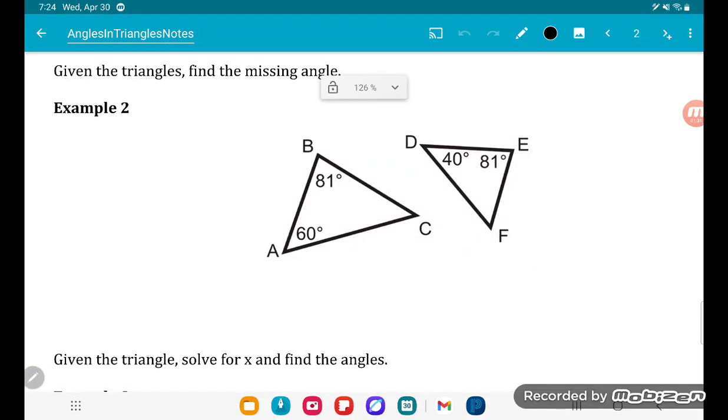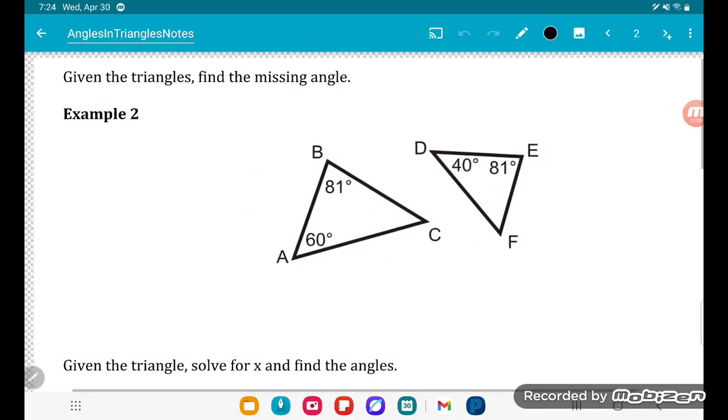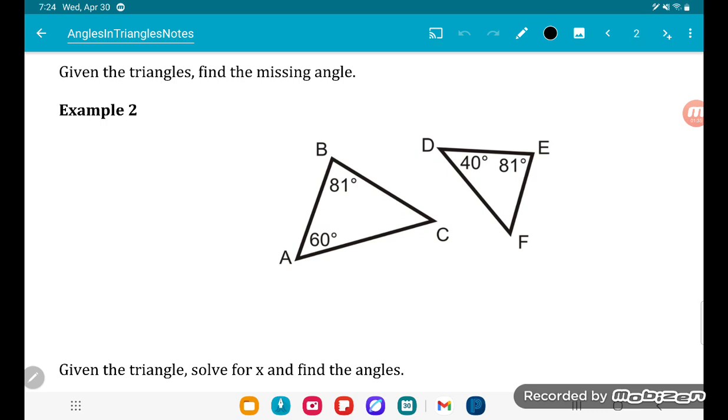In example 2, we're going to find the missing angle of the triangle. So we're going to start with triangle ABC, and we're going to solve it 2 different ways. So first, they gave me angle A and angle B. So I'm going to take a 60 and add it to 81 degrees. 60 plus 81 is 141 degrees.